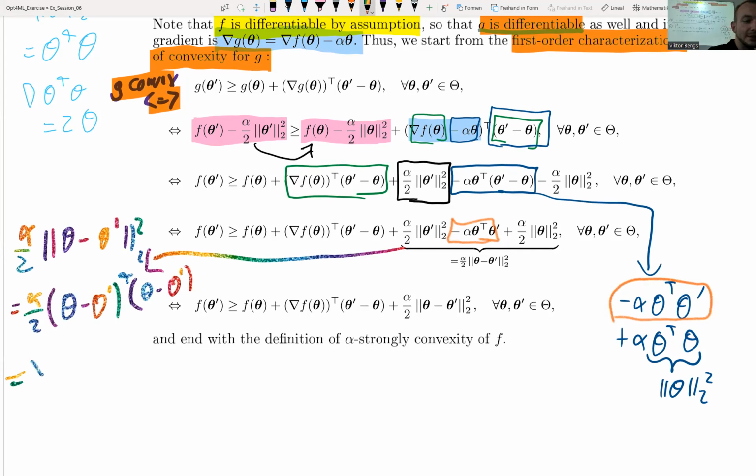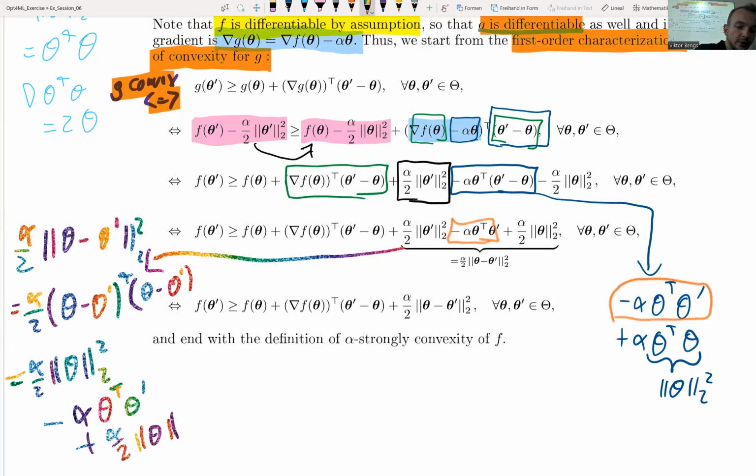You expand it, you get alpha half the squared Euclidean norm of theta. You get 2 times the mixed term, multiplied with alpha half, so the alpha remains, theta transposed theta prime, and at the end you also get the squared Euclidean norm of theta prime.